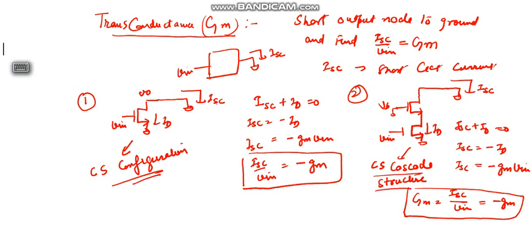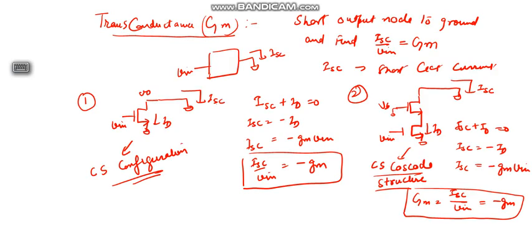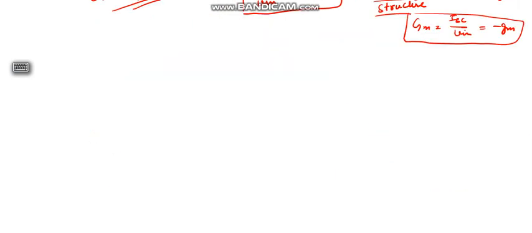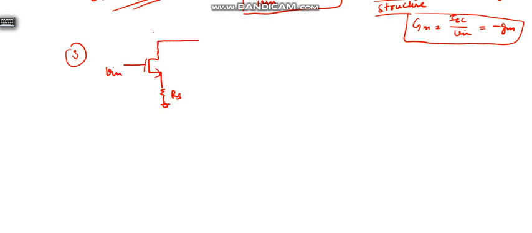Okay. So now let's go to the third configuration, which we see here. Say this is some RS, this is V in and this is the output node.